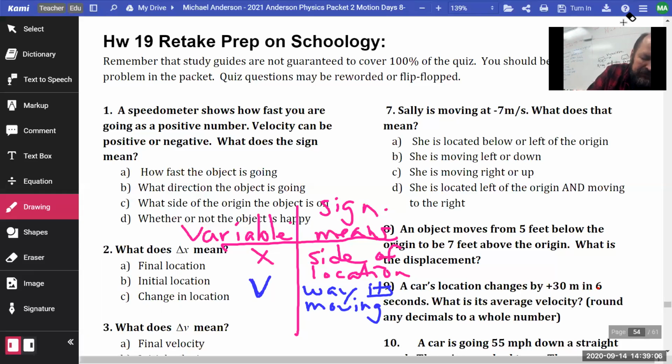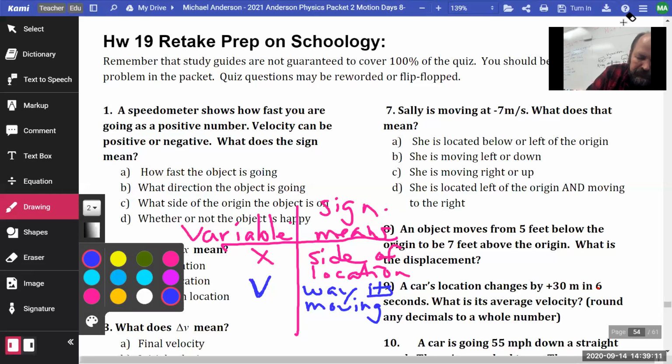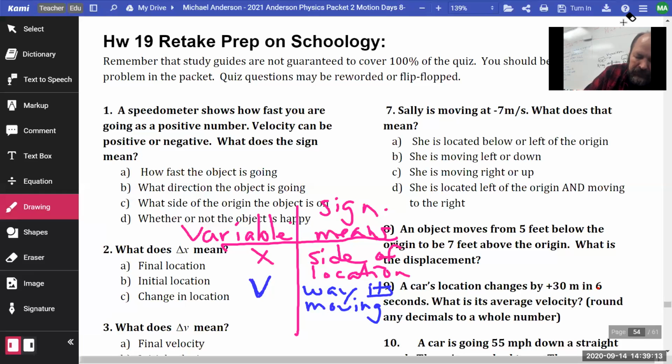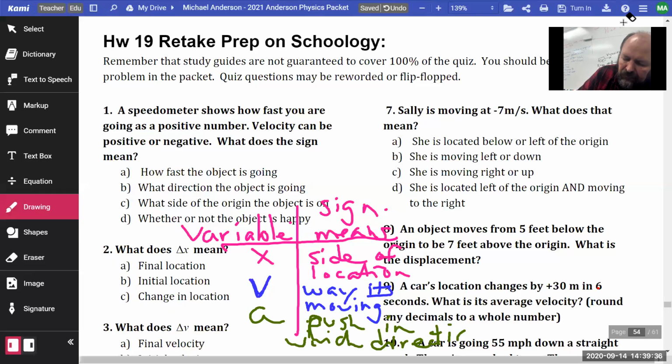Okay, and then we have the a. With the acceleration, the positive and negative just means what direction it is being pushed on. The push is in which direction.